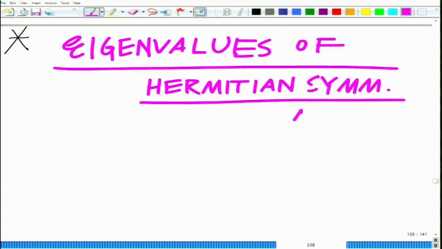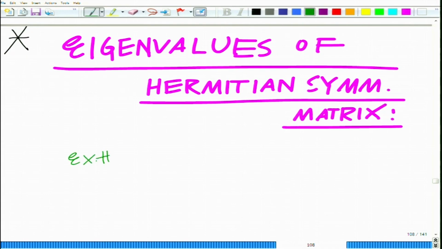Hermitian symmetric. That is, if a matrix is Hermitian symmetric, we know. So, this is our example number 5.